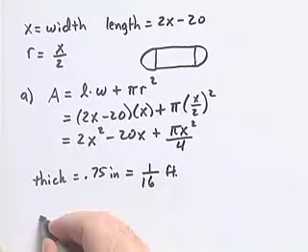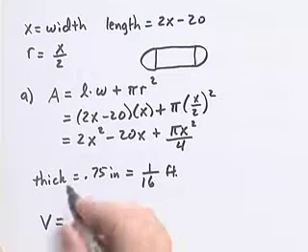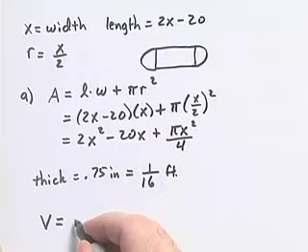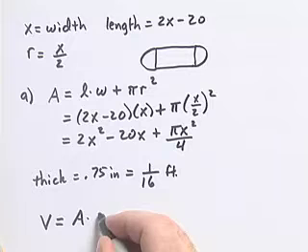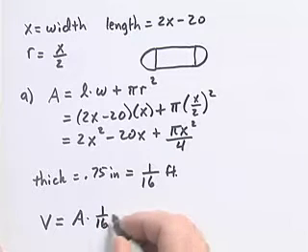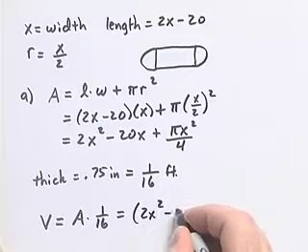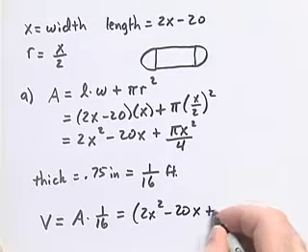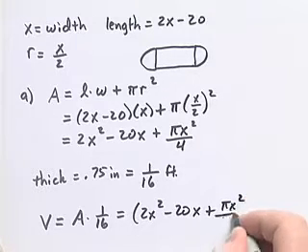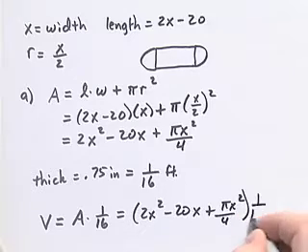To get the volume, we just need to multiply the area by the thickness. So the area times 1/16, we'll have 2x squared minus 20x plus pi x squared over 4, all of that times 1/16.